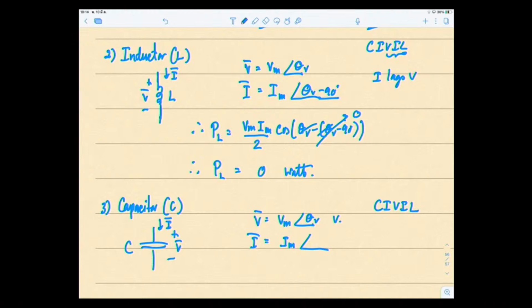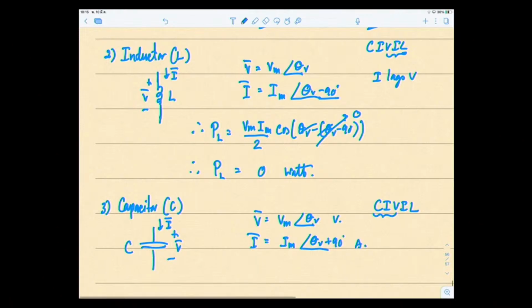For a capacitor, we take the first three letters, and I comes before V, so I leads V. Therefore, the angle for the current would be more by 90 degrees, so plus 90 degrees.